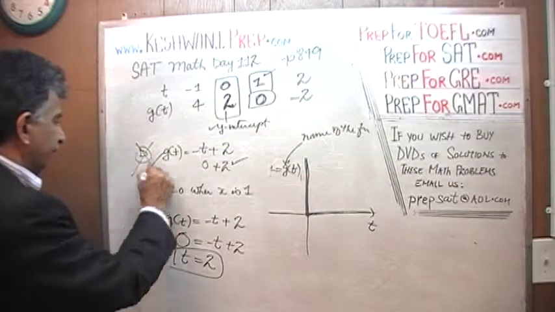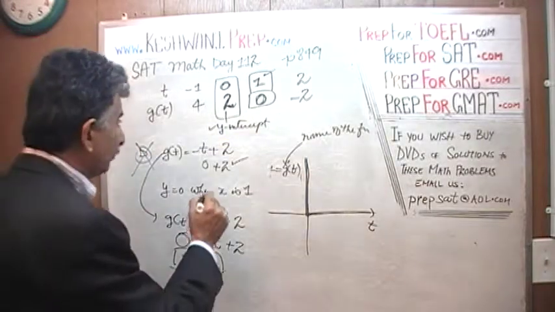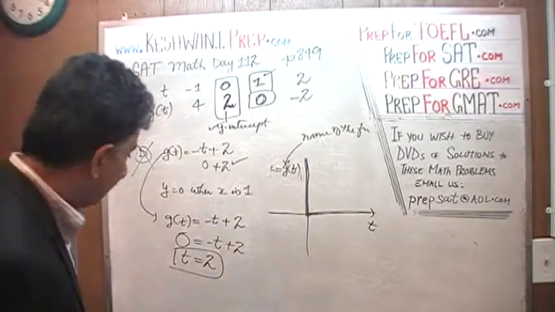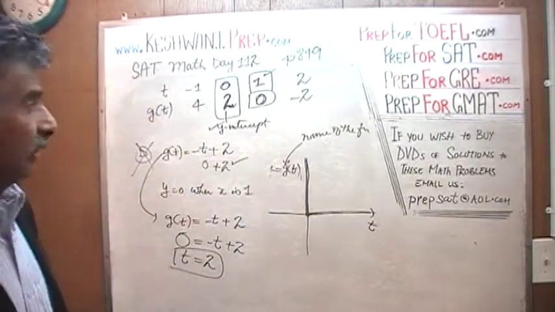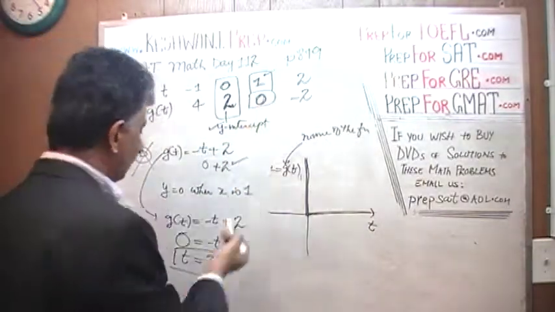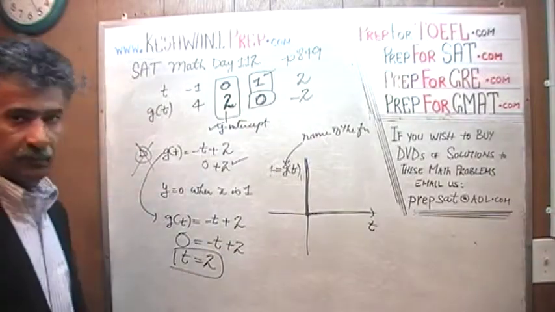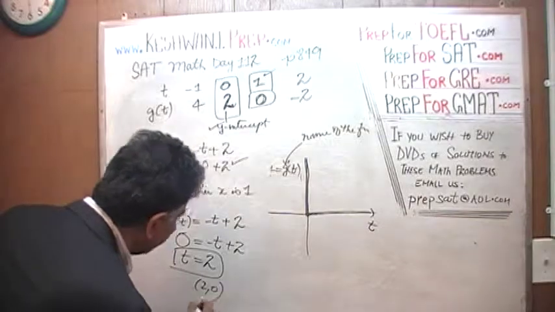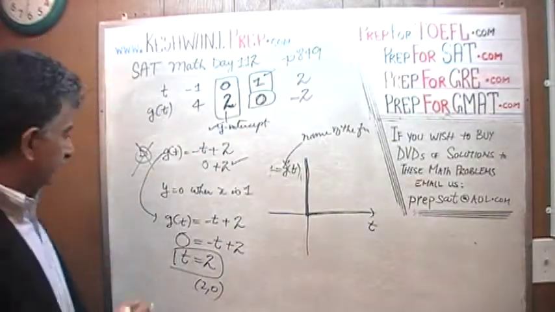D is not the answer. D works with the y-intercept, but the x-intercept does not work. The x-intercept has to be 1 and 0. This one tells us it is 2 and 0. It's supposed to be 1 and 0. D is not the answer.